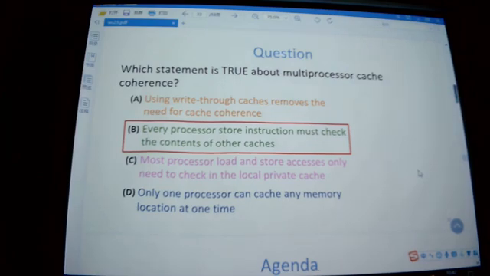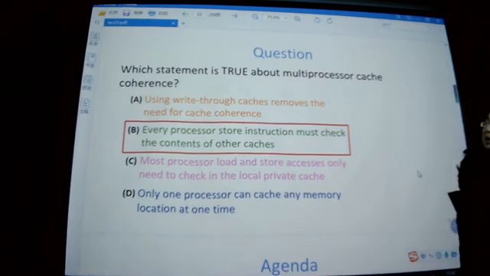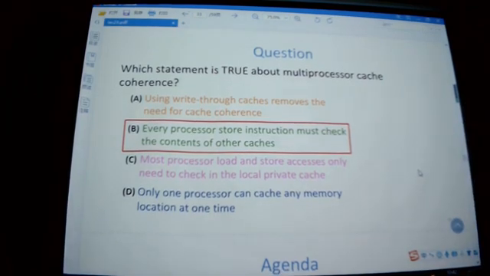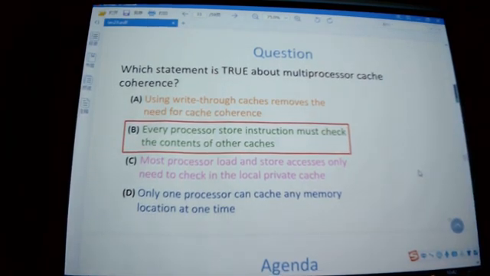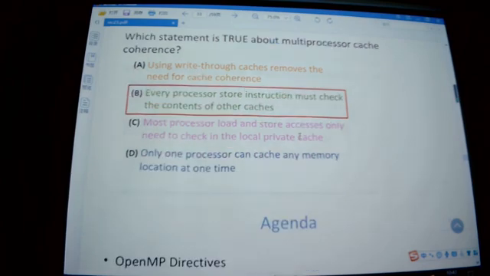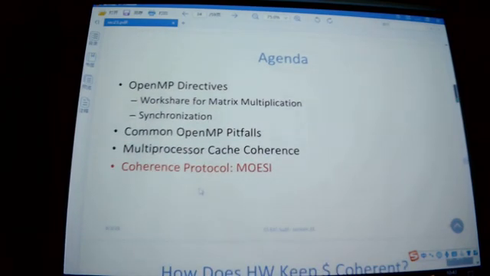Four is only one processor can cache any memory location at one time. This is the correct, or the true one. So you can find that every processor store instruction must check the contents of other caches. So you must see this check and store. Okay, this is the coherency protocol.